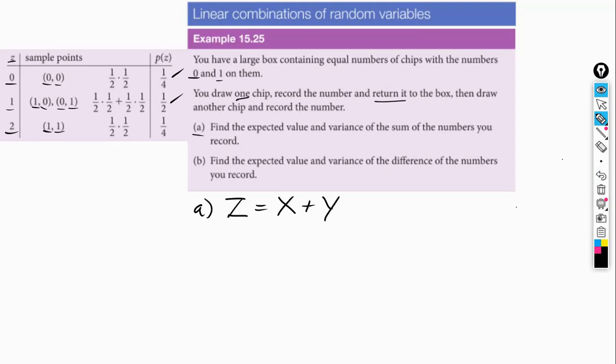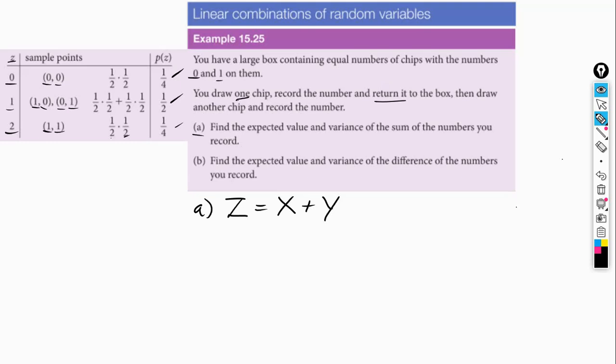And the other way to look at it is by just multiplying the probabilities, 1/2 times 1/2 plus 1/2 times 1/2. And that's going to give you 1/2. And then getting 2, there's only one way of that, so that would be 1/4 of the entire possible outcomes. And again, the other way of doing it is just going 1/2 times 1/2.